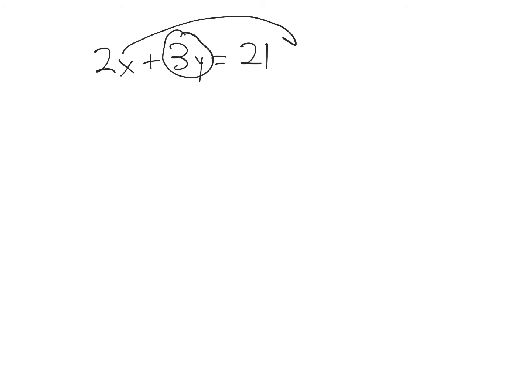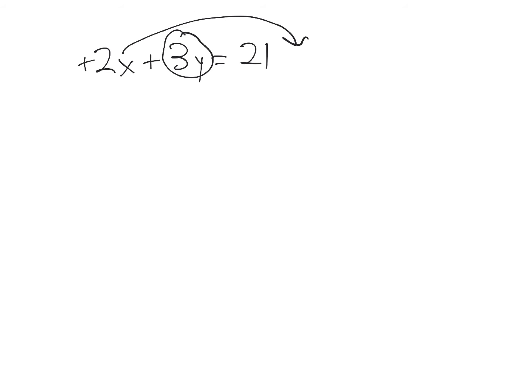Okay, so on Friday we talked about graphing linear equations. So remember when you would have an equation like 2x plus 3y equals 21. Remember, we want to get y by itself, so we would move the 2x over.